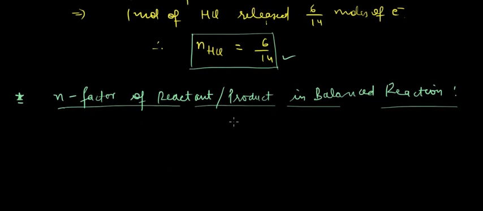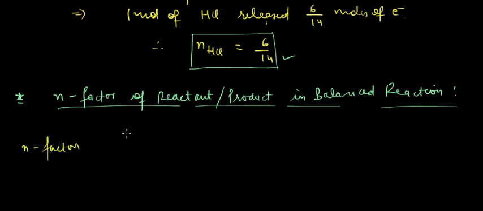So that would be simply written as n factor, which would be equal to moles of electrons exchanged between reactants, or moles of electrons involved in redox, divided by stoichiometric coefficient of reactants or products in a reaction.